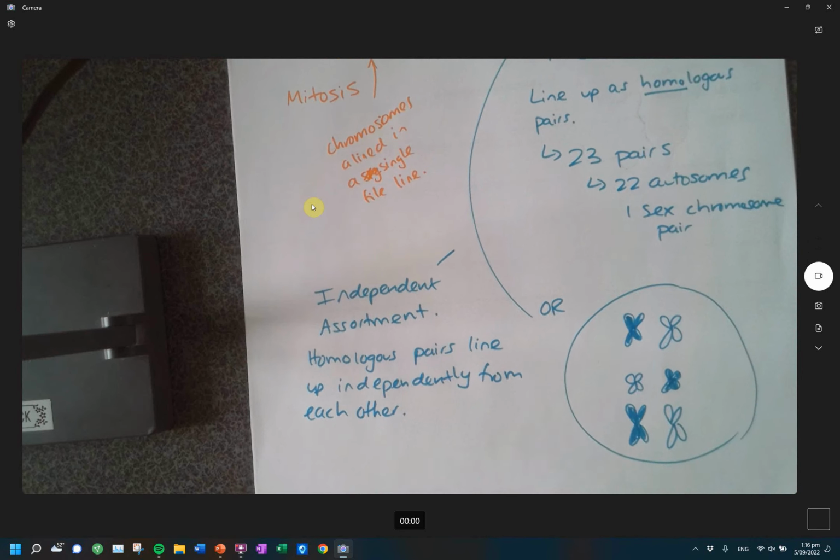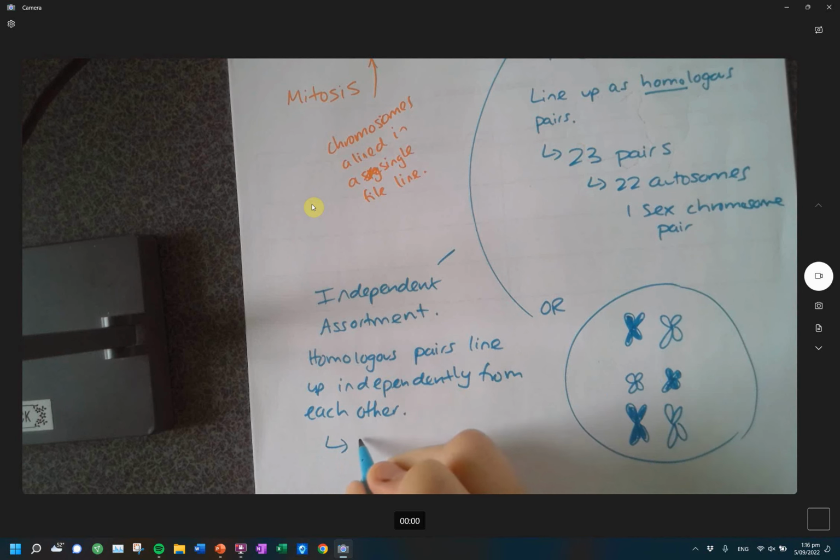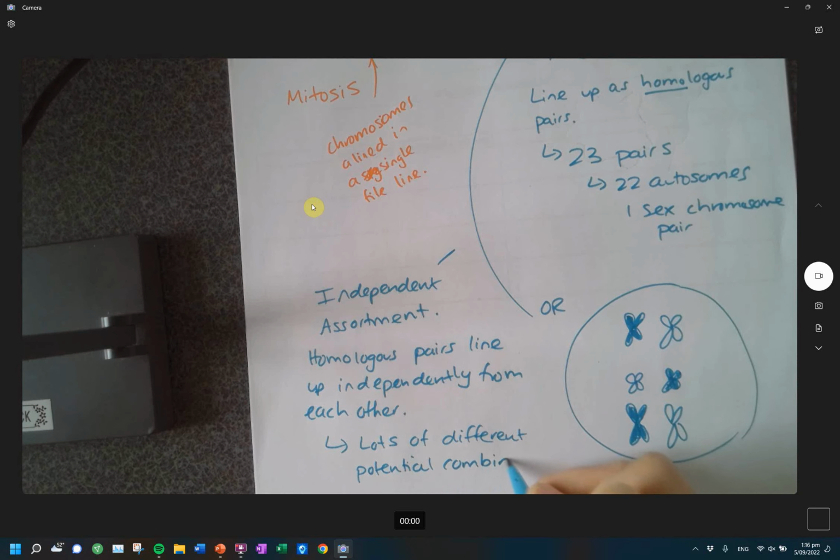So that means we get lots of different potential variation on combinations, and therefore that increases my variation.